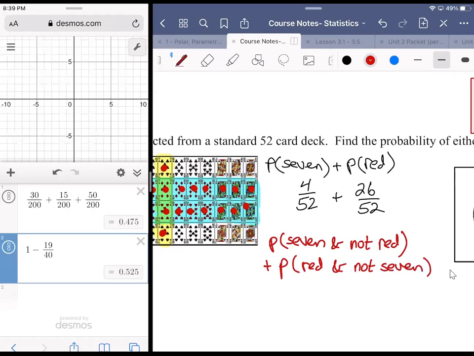So basically exclusive of one another. So don't count the red 7s at all. You know, so just the 7s that are not red, so just the black 7s, and just the red cards that are not 7, and then add on the overlap.